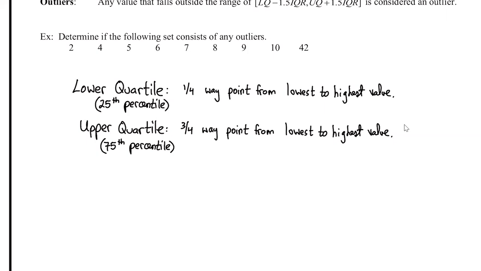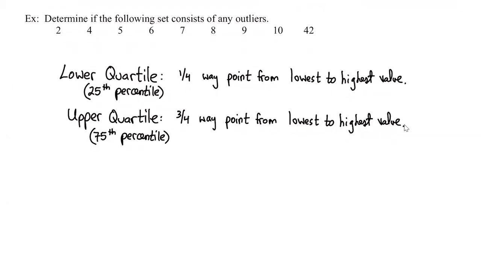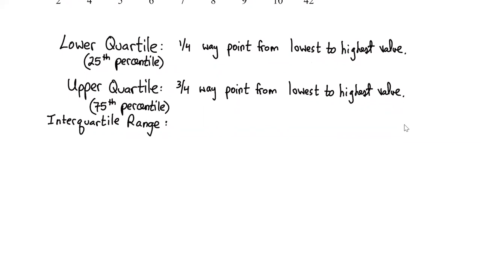All right. So there's one other quote unquote variable within that nasty formula, and that is the IQR. That's the interquartile range. That's not a particular location within the data set, but instead it's actually the difference between two values.